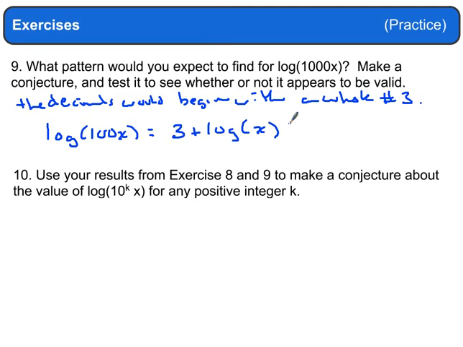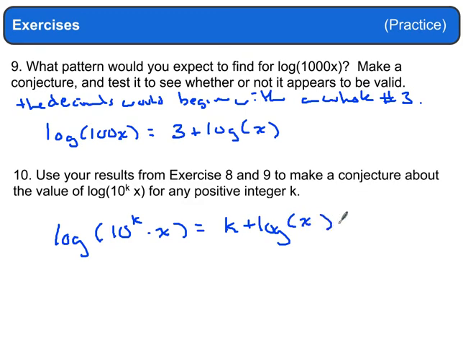It would be log 10, log 100, log 1000, log 10,000, for any value of k here. So that conjecture would be this, and this is one of our properties. The log of 10 raised to whatever power times x is equal to k plus the log of x. So this is a property that you're going to want to note and observe in this design.